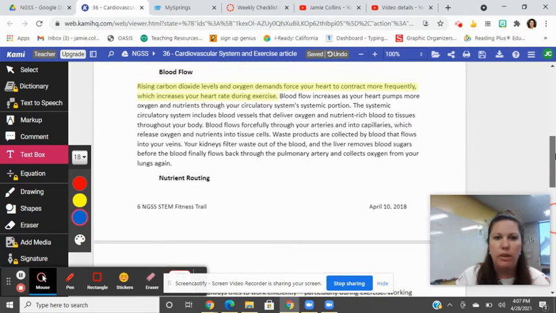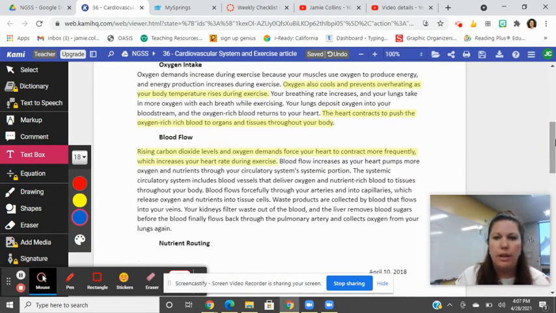Okay, now let's move on. The heart contracts to push the oxygen-rich blood to organs and tissues throughout your body. Okay, blood flow. Rising carbon dioxide levels and oxygen demands force your heart to contract more frequently, which increases your heart rate during exercise. So higher levels of carbon dioxide and oxygen, and the effect is that your heart contracts more, which increases your heart rate.